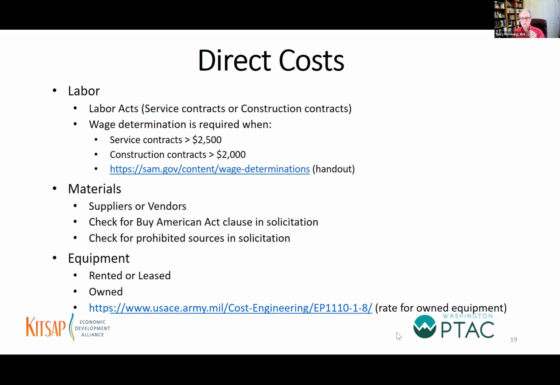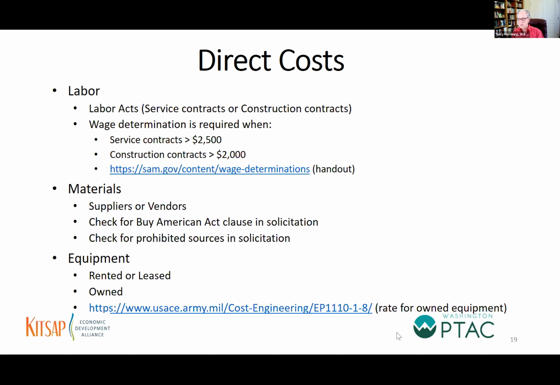The thing to be mindful of is that in your cost proposal, you may be asked by the contracting officer to submit all your associated supporting documentation. If you're going to rent, say, a cherry picker for a construction project, you're going to get a rental agreement or a lease agreement from that leasing or rental company, and that's your supporting documentation. The contracting officer is going to accept that.